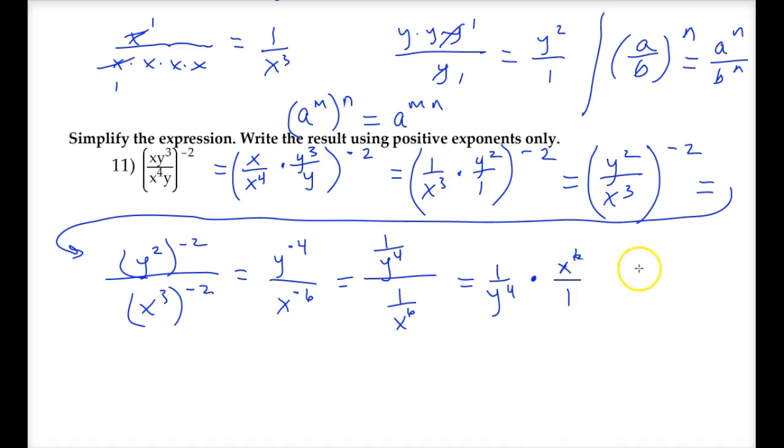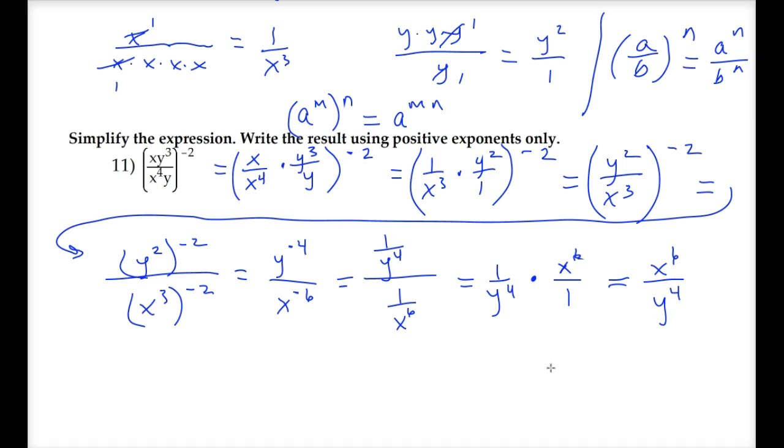And so now from here, we just multiply everything together. So 1 times x raised to the 6 is just x raised to the 6, and y raised to the 4th times 1 is just y raised to the 4th. And that is your answer, okay? So that's one way to do this problem.